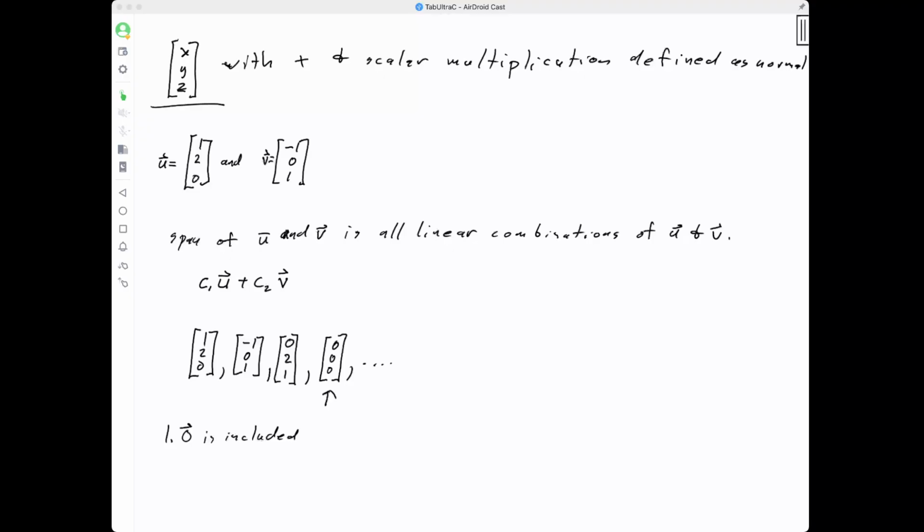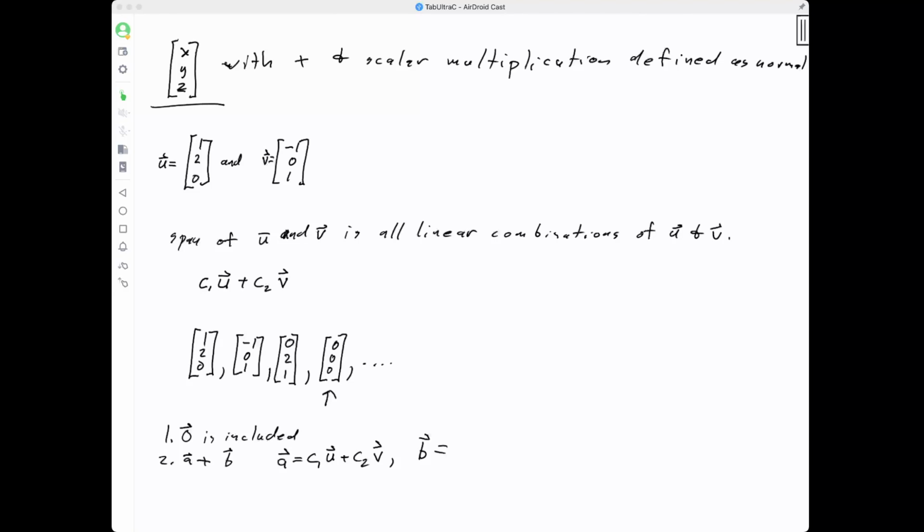The next one I have to check is that any 2 vectors, say A and B, if I add those together, have to be in the span of U and V. But if A and B are in the span, well, I know that A has to equal some C1 U plus C2 V, and B has to equal some other values.